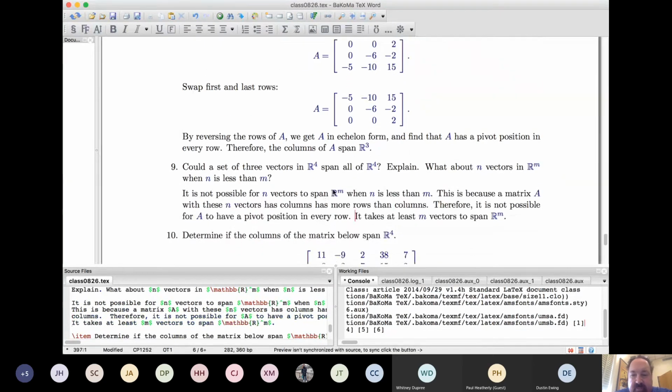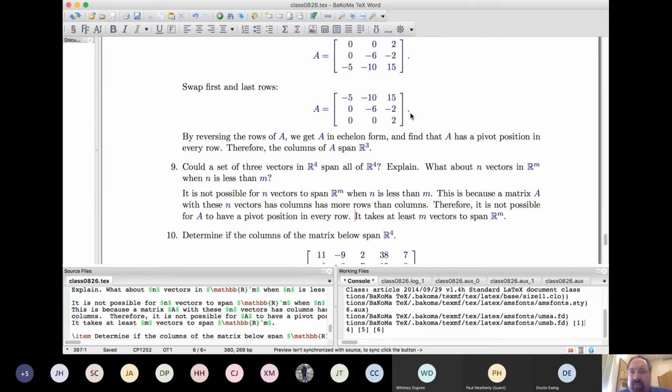So suppose I have vectors in R4, but I only have 3 of them. If I make a matrix like this one, it's going to have 4 rows and only 3 columns. There's absolutely no way to get a pivot position in every row, because the number of pivot positions you can have is bounded by the number of rows and the number of columns, whichever is the minimum.